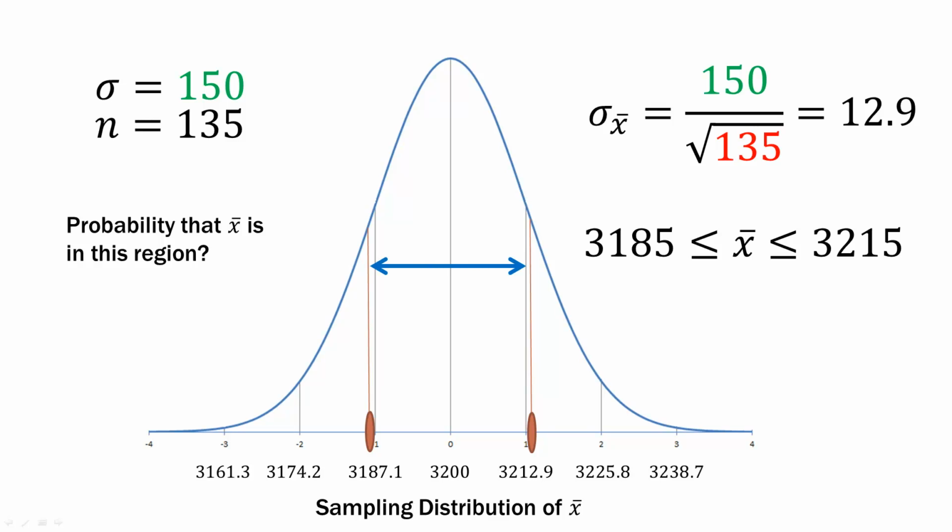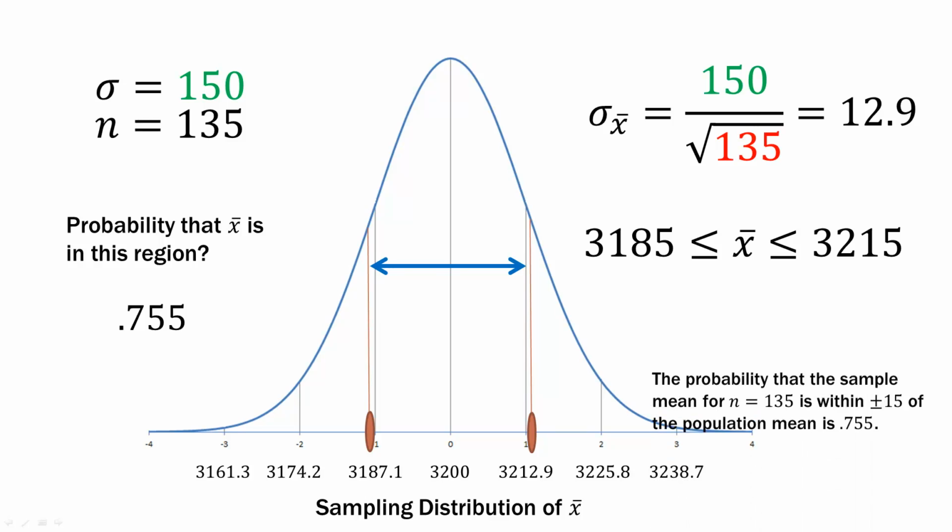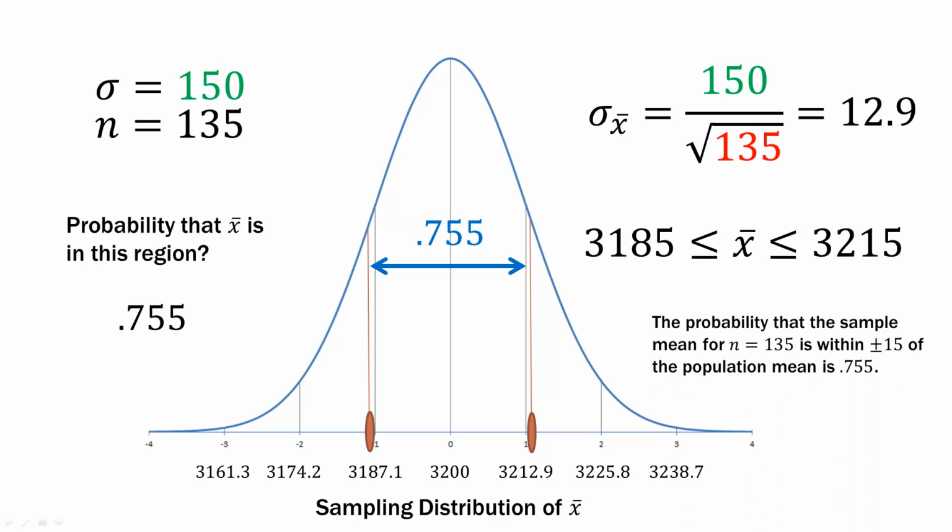So when we figure out that probability, that is 0.755. So the probability that the sample mean for a sample size of 135 is within plus or minus 15 of the population mean is 0.755. Again, why is that? Why is this the case?